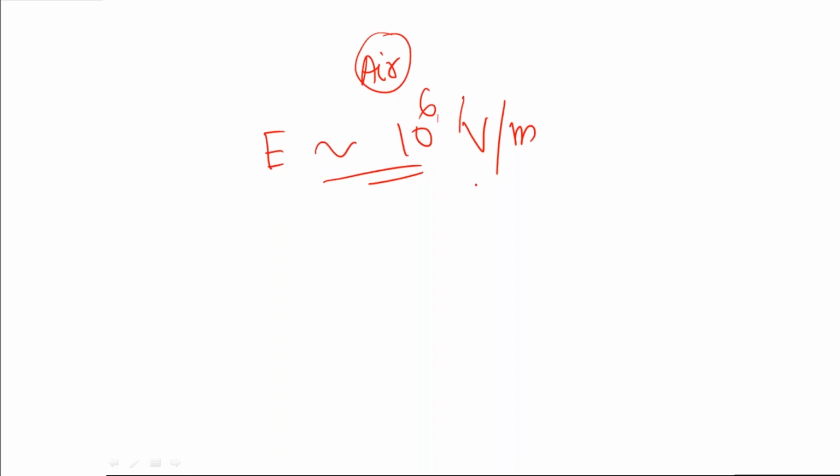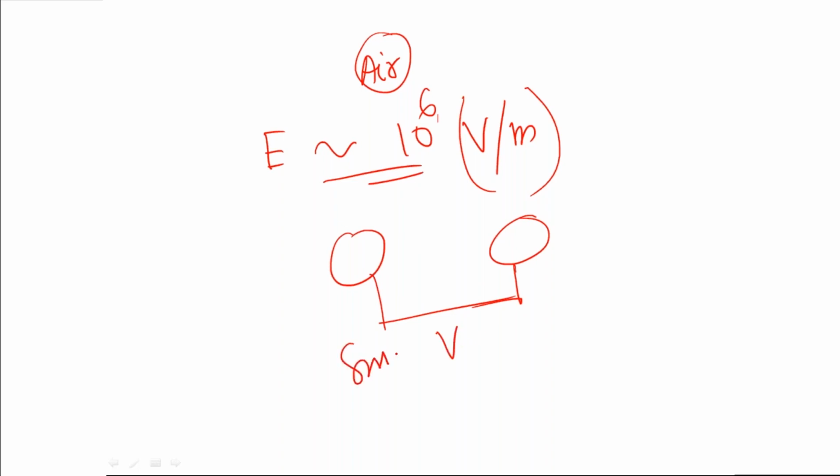So you can understand that the two conductors I have taken to construct a capacitor should actually have a small potential difference between them. What does that mean?